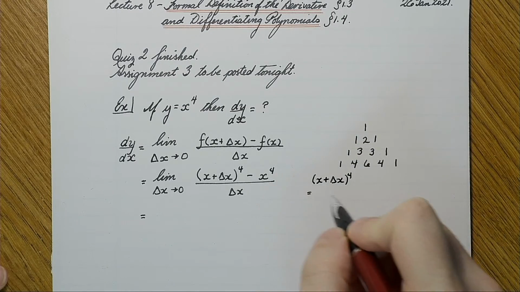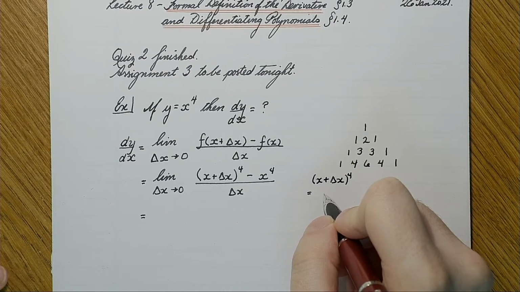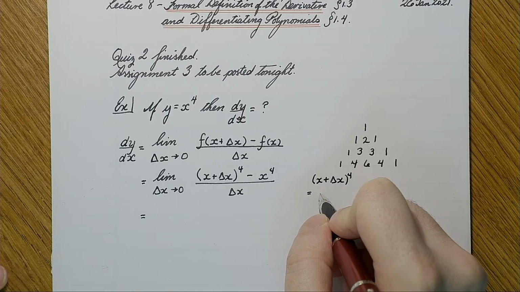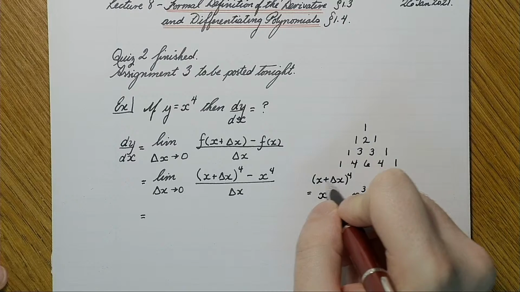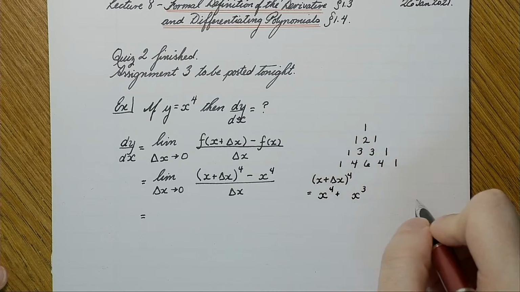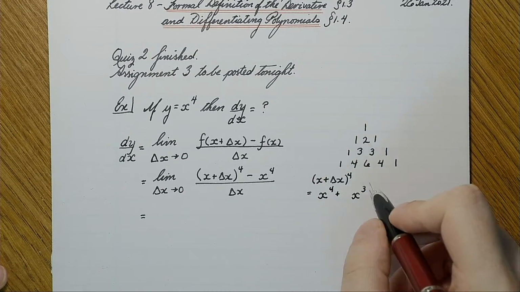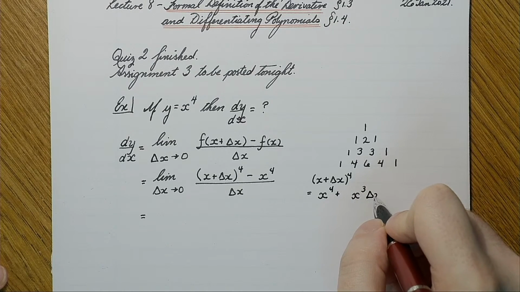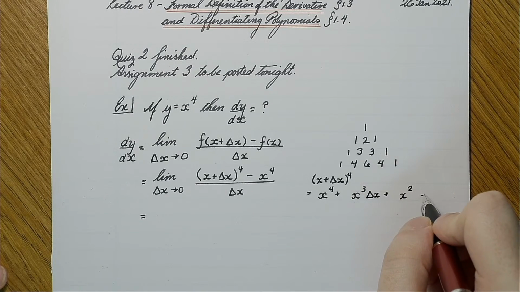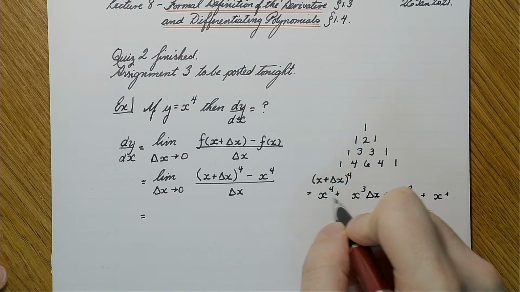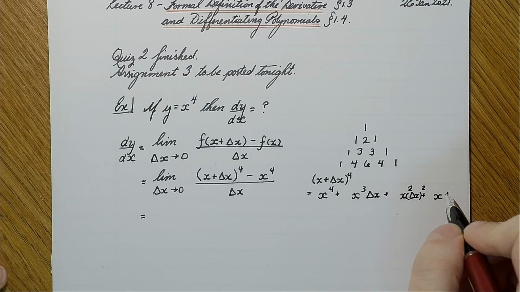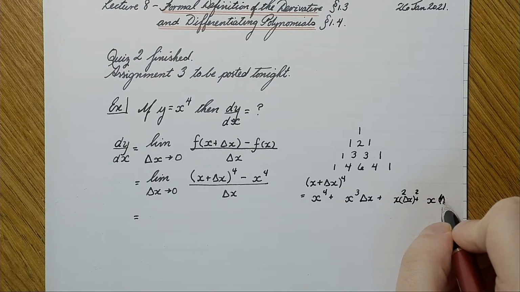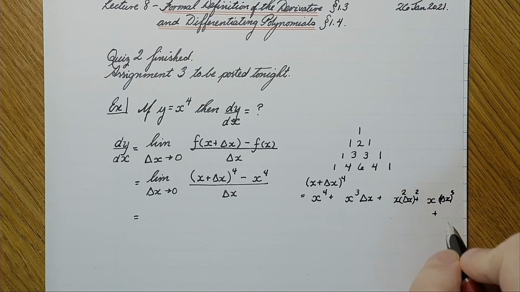So when we expand that out, we're going to use the binomial expansion theorem. So again, I write out my terms. I have 2 terms here, I write this one in descending order, and then the other one, the delta x, in ascending order. And then I have a delta x squared, delta x cubed, plus a delta x to the fourth here.